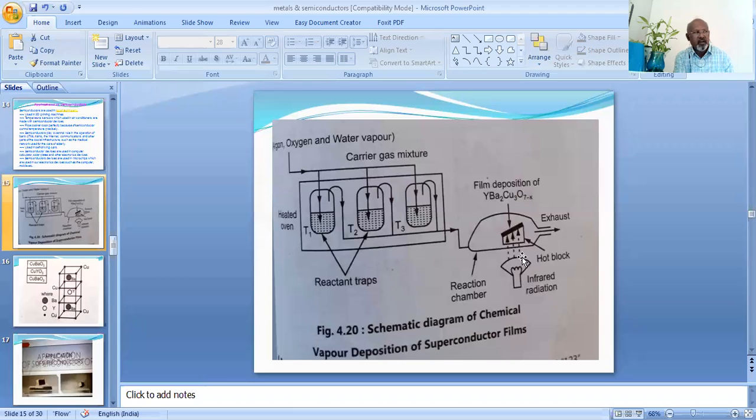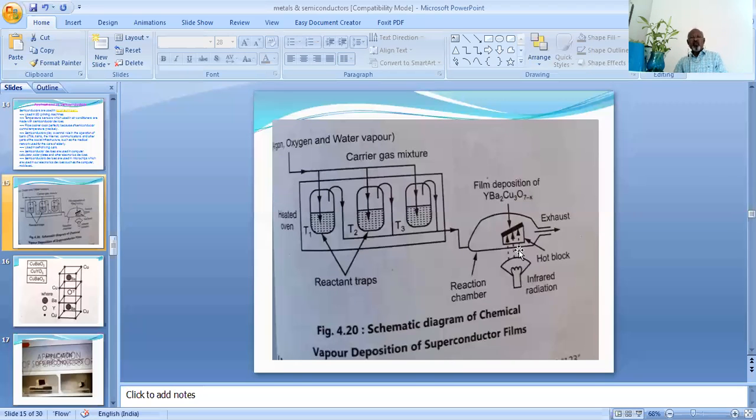To obtain the desired crystallinity, this film is properly annealed at a suitable temperature. So this is how YBa2Cu3O7-x can be synthesized.